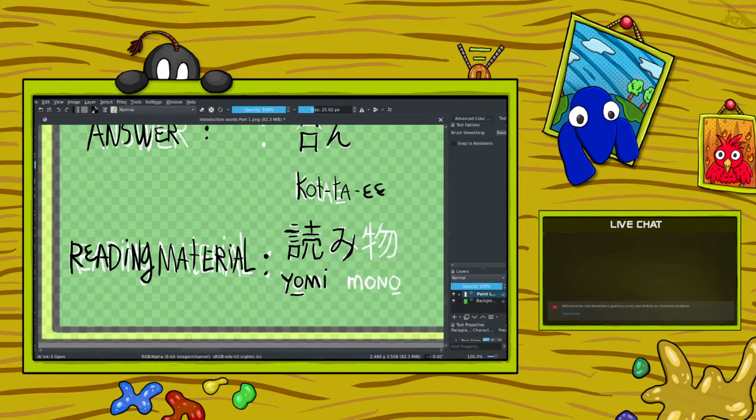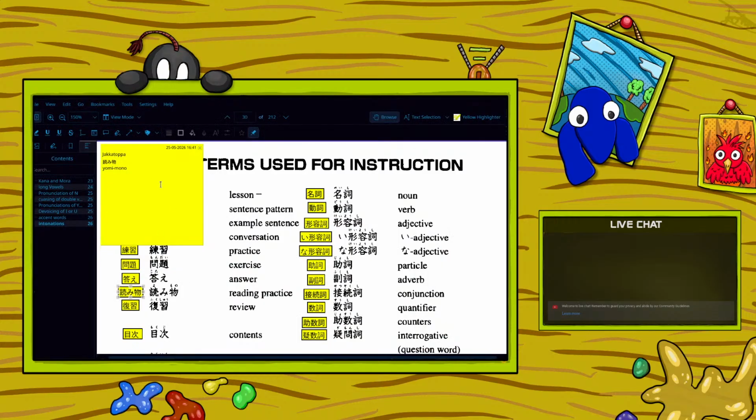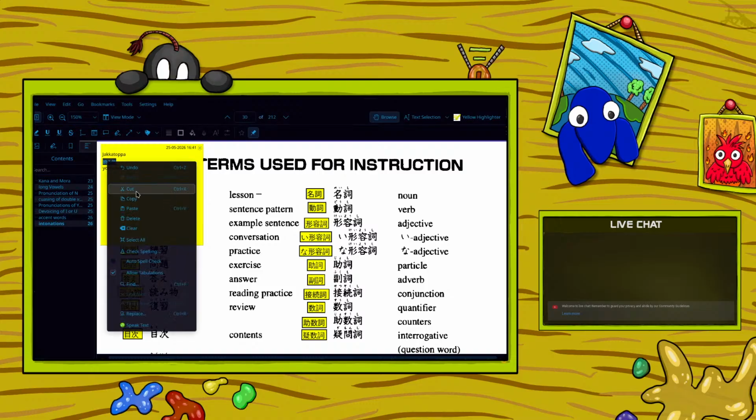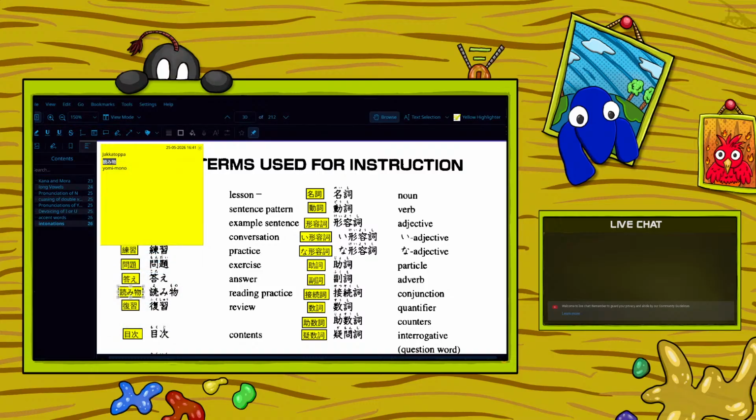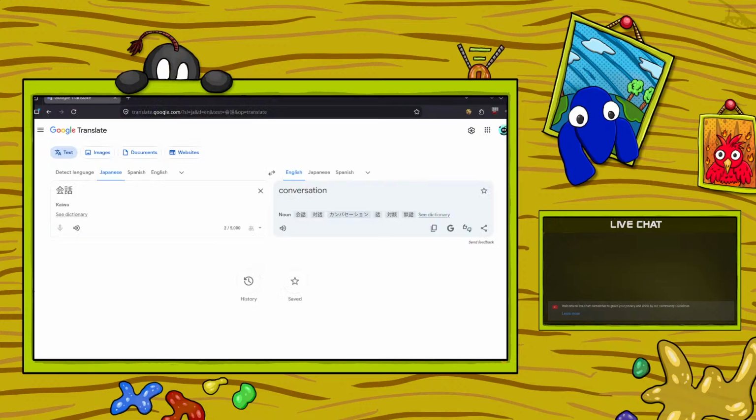But I'll find out if that is correct. Most likely, yes. Let's double check. Yomi Mono. And then of course double checking if I'm speaking it out correctly. Most likely yes, but let's see.